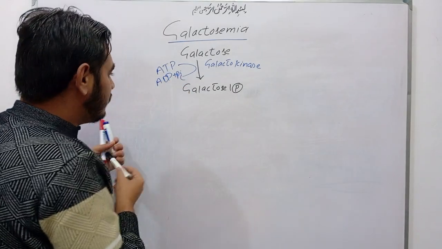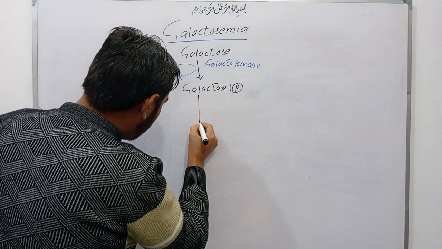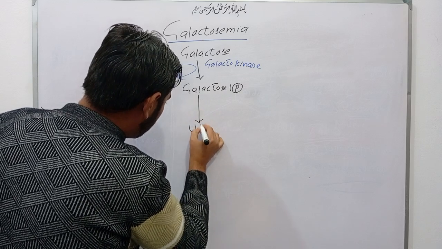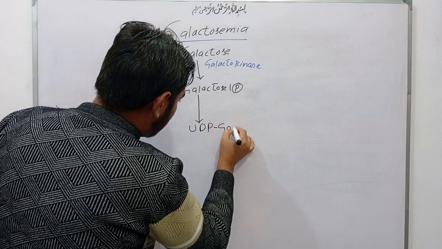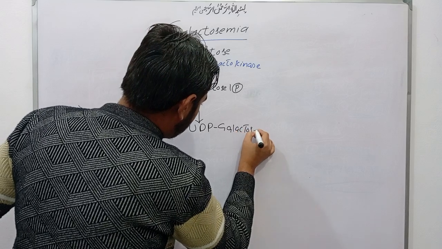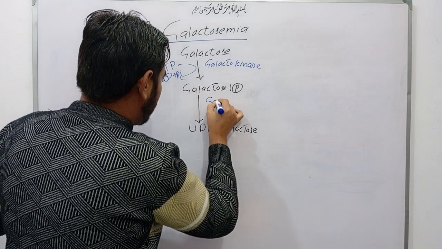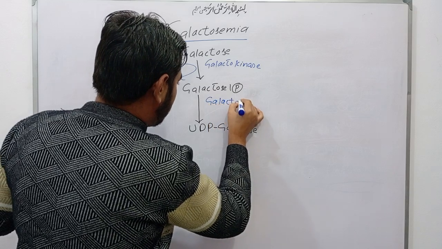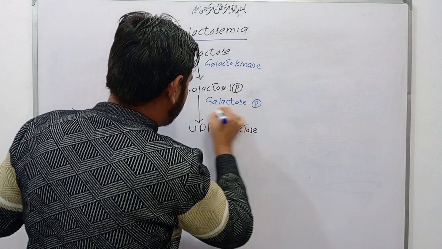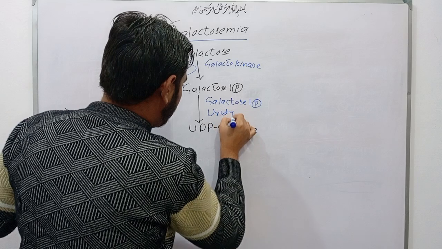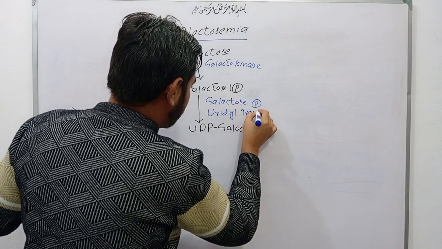This galactose 1 phosphate converts into UDP galactose with the help of galactose 1 phosphate uridyl transferase enzyme.